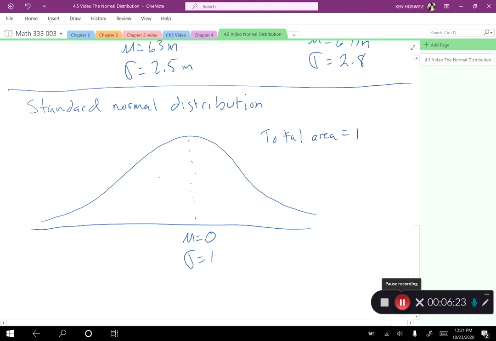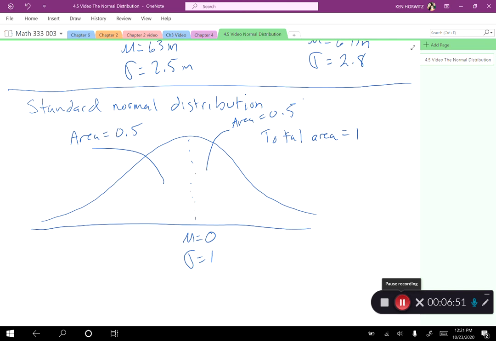So the area to the left of 0 is 50%, right? Area is 50% of my area, so it equals 0.5. And the total to the right would equal 0.5. This way, when you add up the two sides, you still get 1.